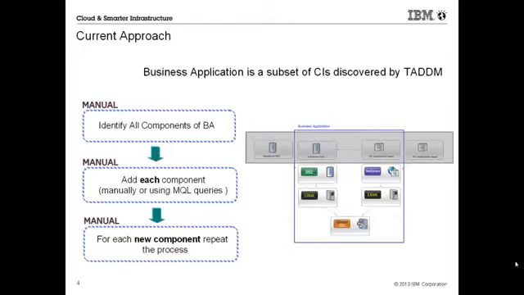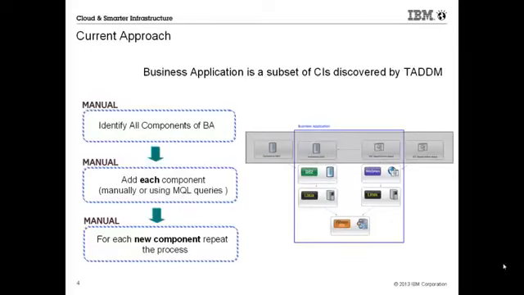In short, a business application is a subset of components discovered by TADDM and representing a logical and useful structure for the user. In order to build a business application in the current version of TADDM, the user has to first of all identify all the components of the business application and add each of them using the drag and drop method or MQL query.